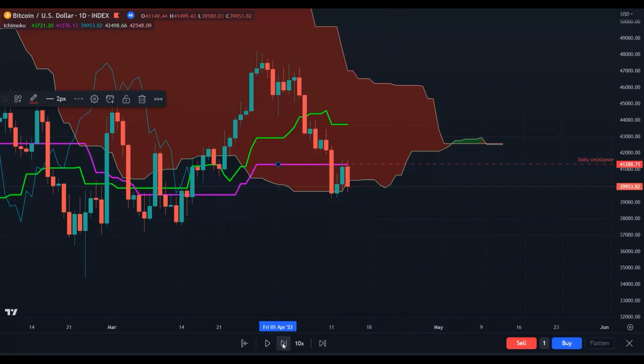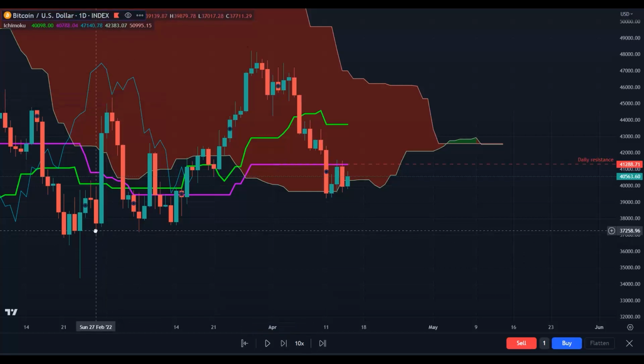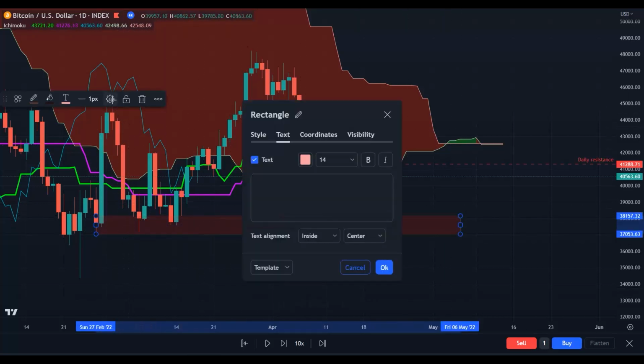And here we go. Let's see what's going to happen. The price is rejected exactly at the flat Kijun-sen. Why? Because flat Kijun-sen is a resistance. We wanted to bounce up here. Why? Because the Senkou span A, which is the bottom line of the Kumo cloud, is acting as a support. I know that there is also a price action support here.